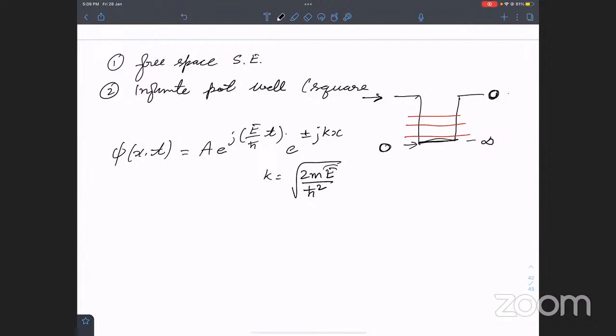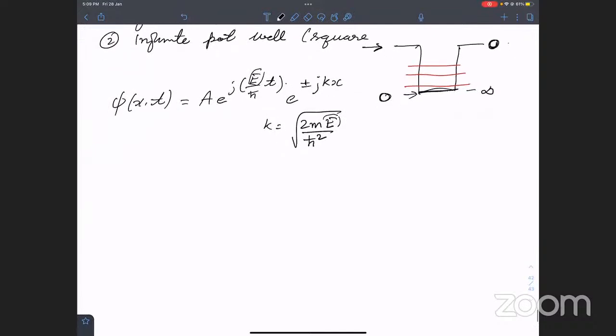This E here and this E are both the same. So this immediately must tell you that the momentum and energy are somehow related, right? And let us see how they're related.